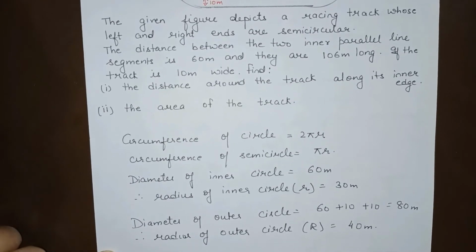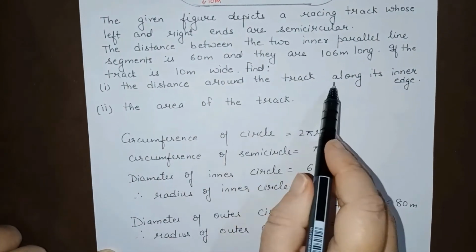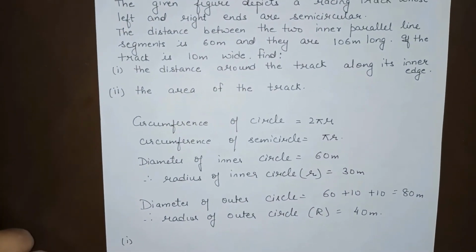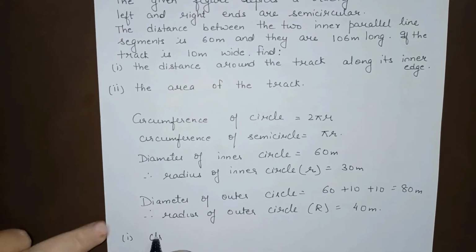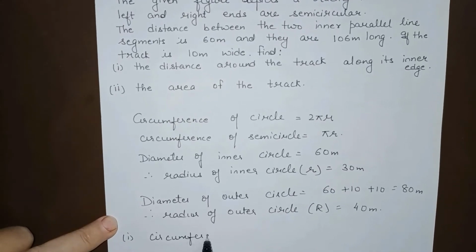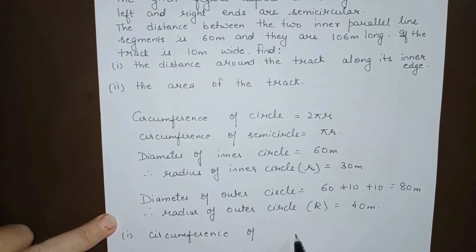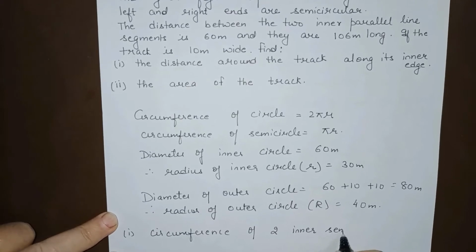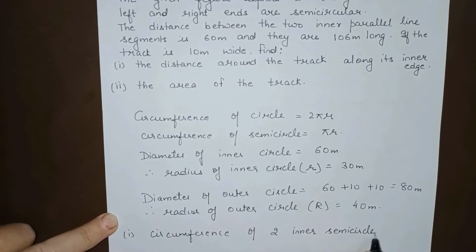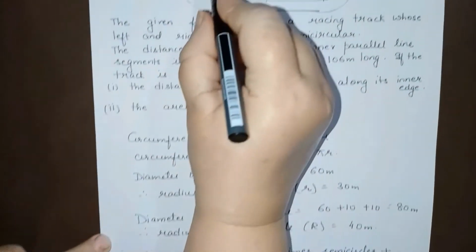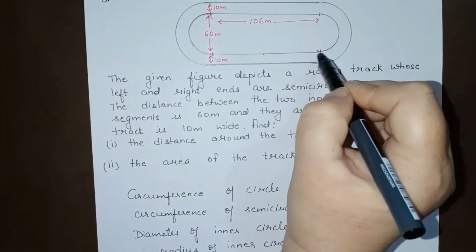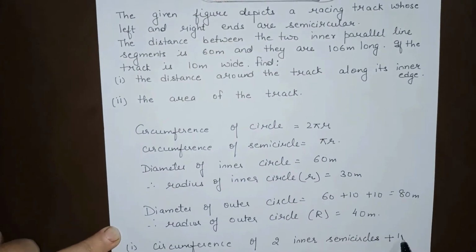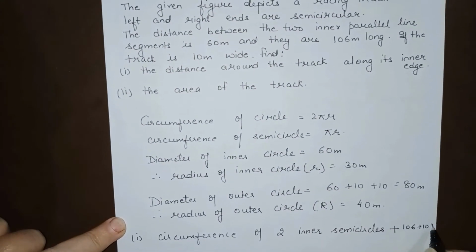So let us start our first part. Distance around the track along its inner edge is given by circumference of two inner semicircles plus 106 plus 106.